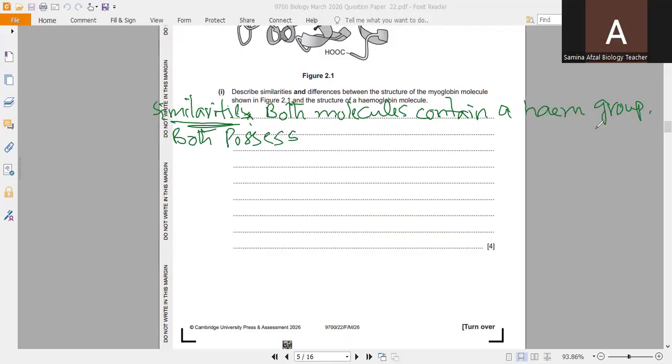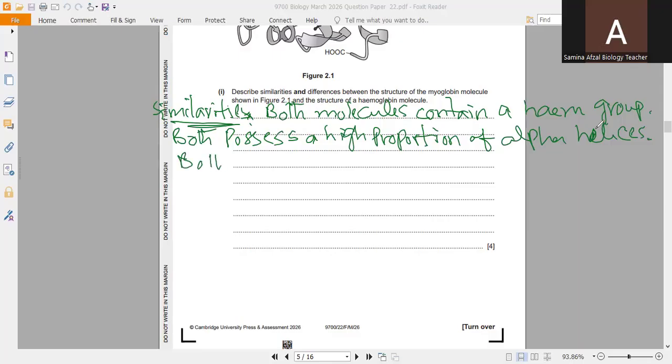Both possess a high proportion of alpha helices.